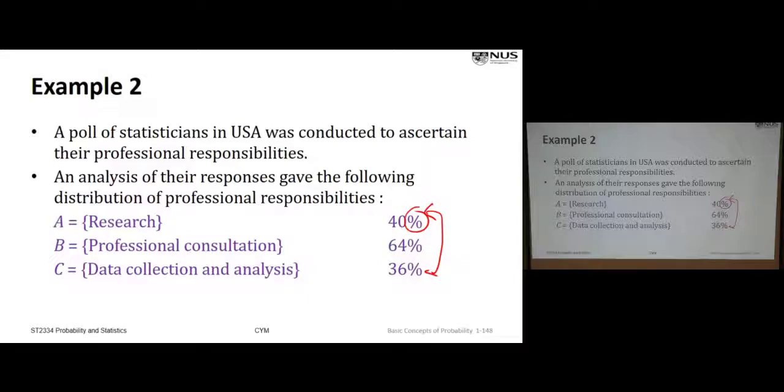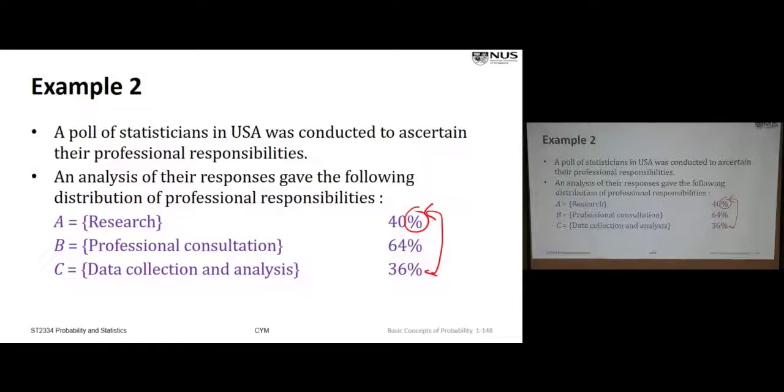Now my question is, if I belong to one of these statisticians being polled, do I have to belong to one of these groups? Can I do more? Maybe I can give tuition, D, giving tuition.